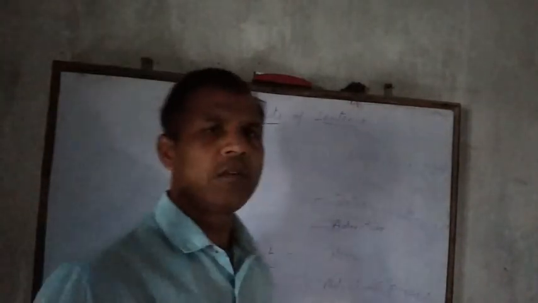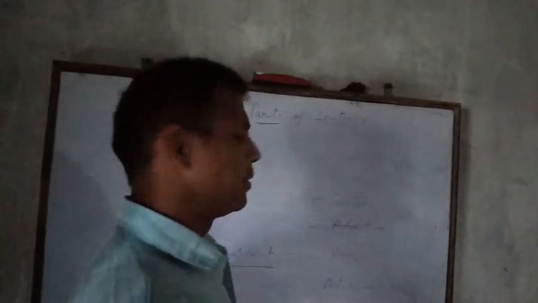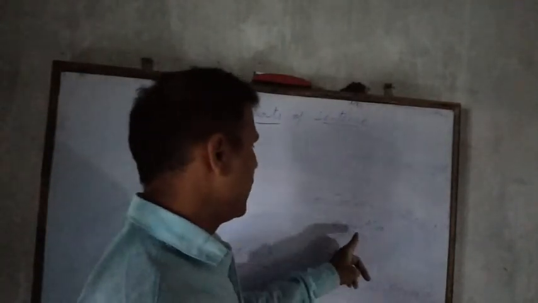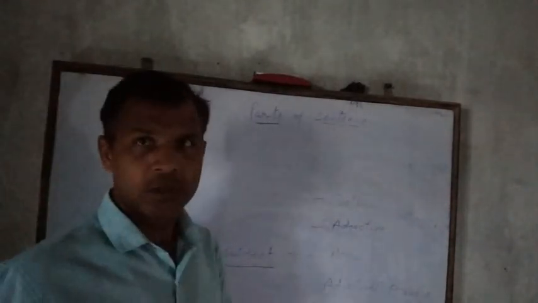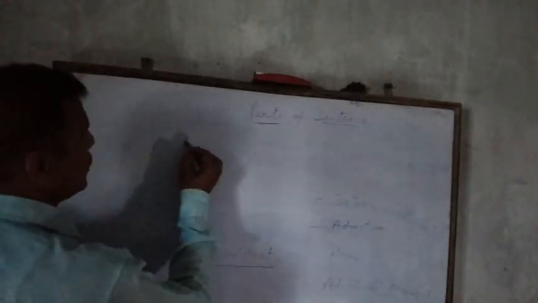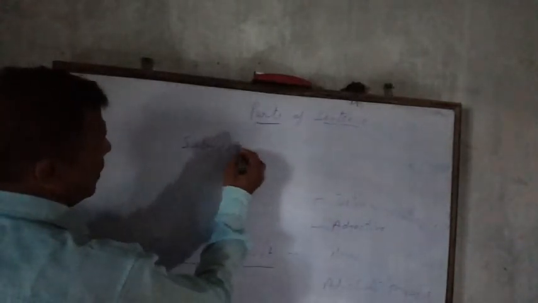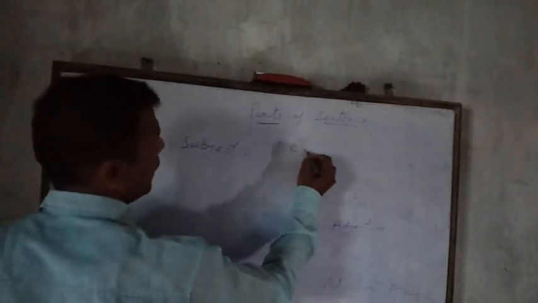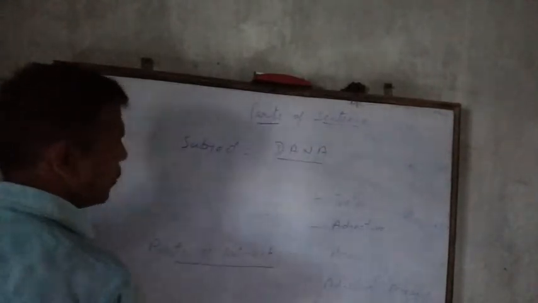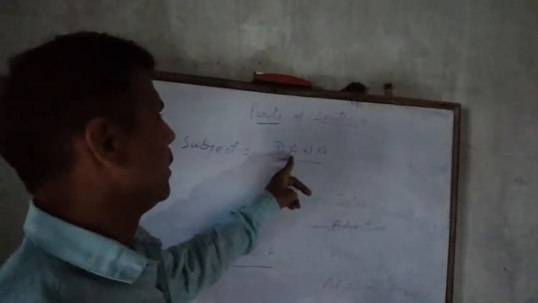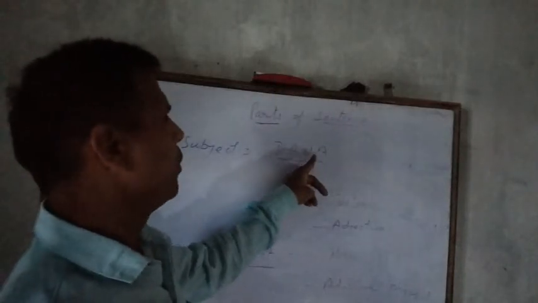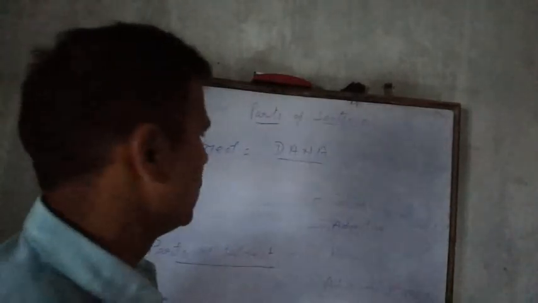These are the parts of subject: determiner, adjective, noun and adjectival phrase. So you can shortly remember it through this expression. Subject equal to DA and A. Subject equal to DA and A. Dana. Determiner, adjective, noun and adjectival phrase.